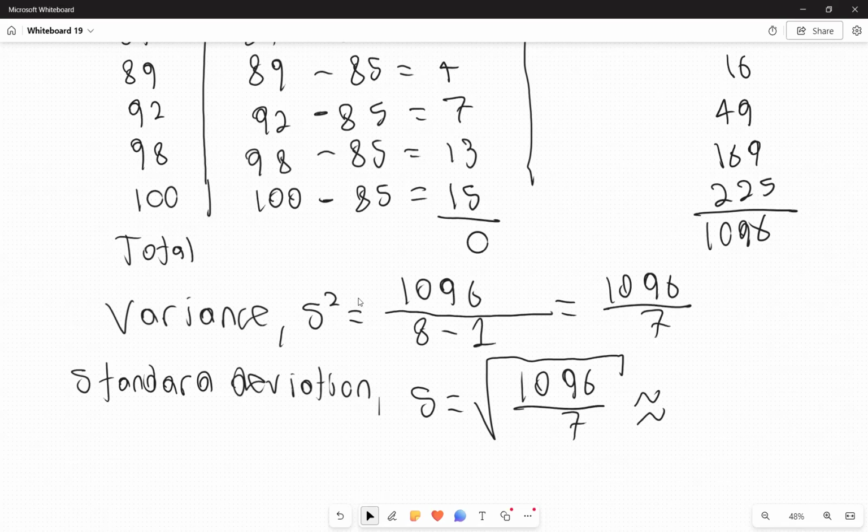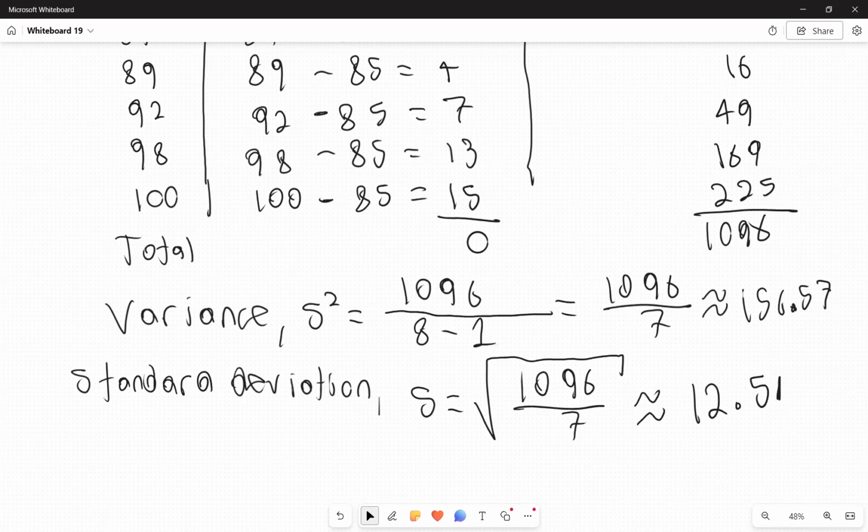The variance itself is approximately 156.57, and the square root of that is approximately 12.51. Okay, so that was the standard deviation of a data set where all data values are different.